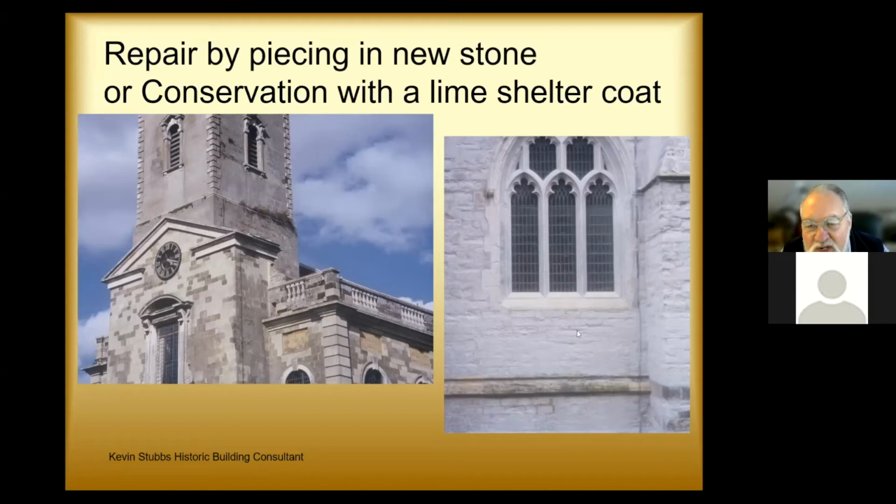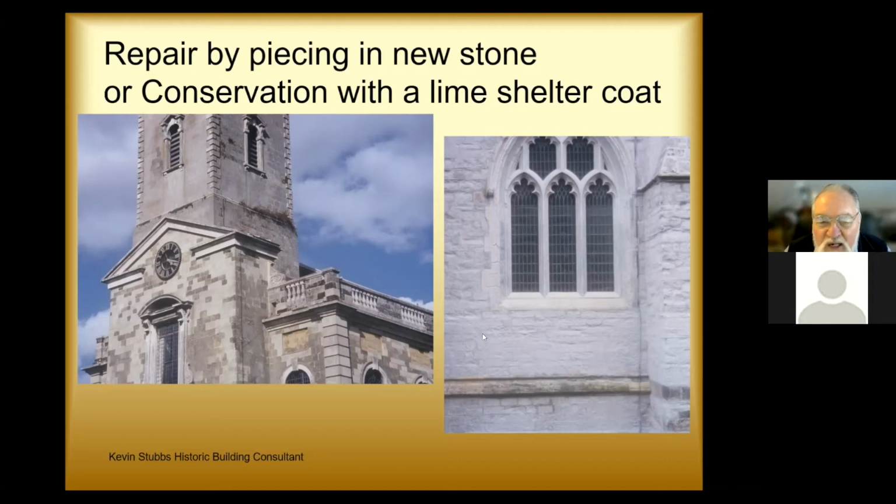On the purist end of the stonework conservation, we get the use of things like lime shelter coats and plastic repairs using, plastic really is the wrong word, but malleable materials in the form of lime and stone dust mixtures being used for gently repairing and getting the stonework to shed water again, and then covering the whole lot with a lime shelter coat to extend its life.